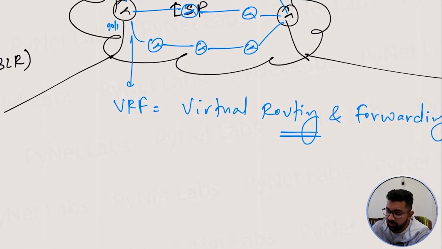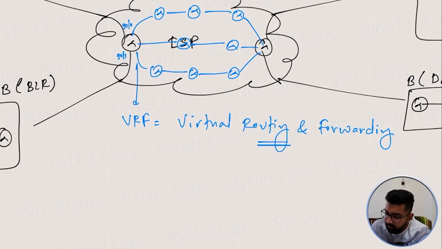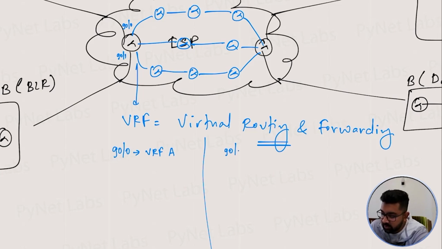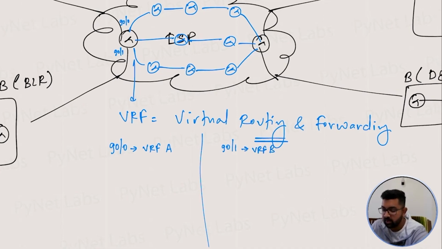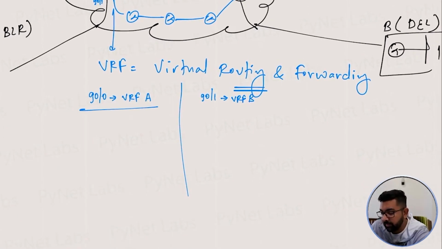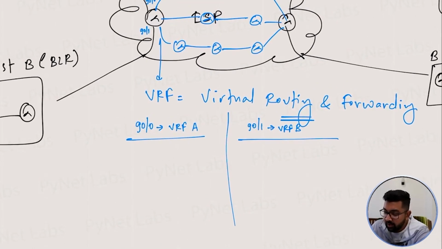So in our case, we will assume that our G0/0 interface participates in VRF A, and G0/1 participates in VRF B, which is a routing table that is created for customer B. And then it will learn any routes.